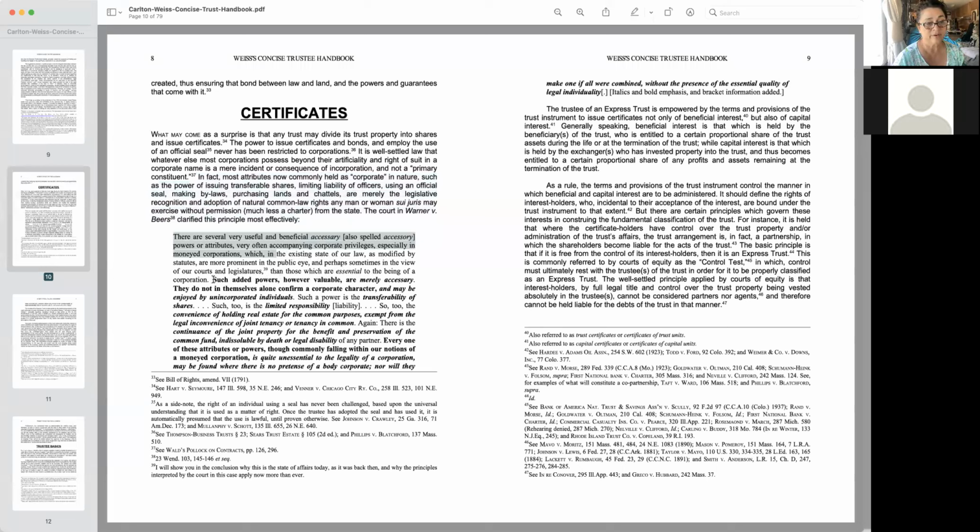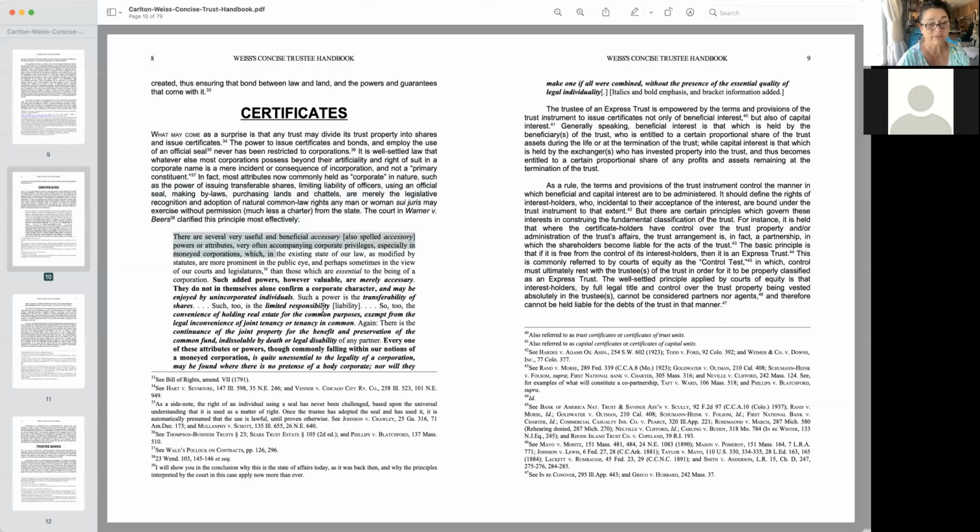But right here, such added powers, however valuable, are merely accessory. They do not in themselves alone confer a corporate charter and may be enjoyed by unincorporated individuals. Yay, that's us, unincorporated individuals. Such a power is the transferability of shares.